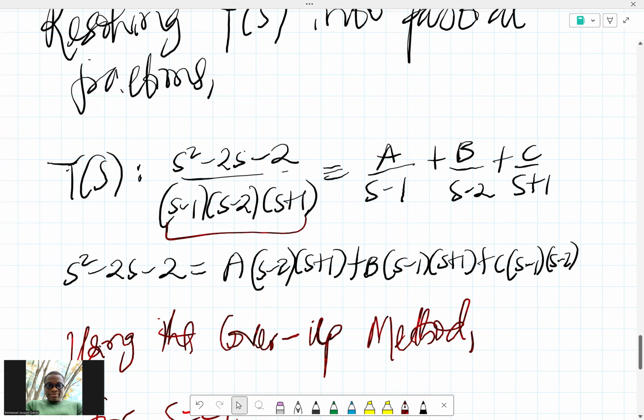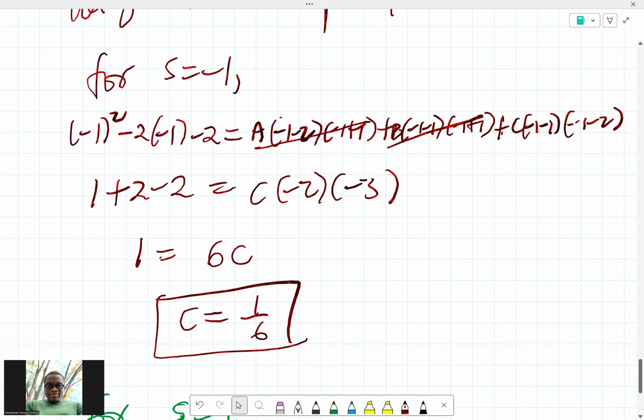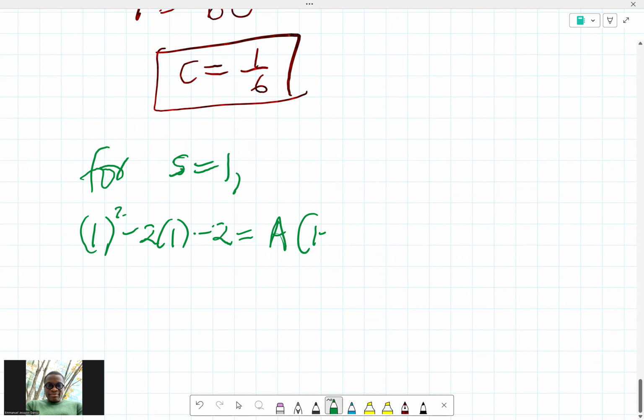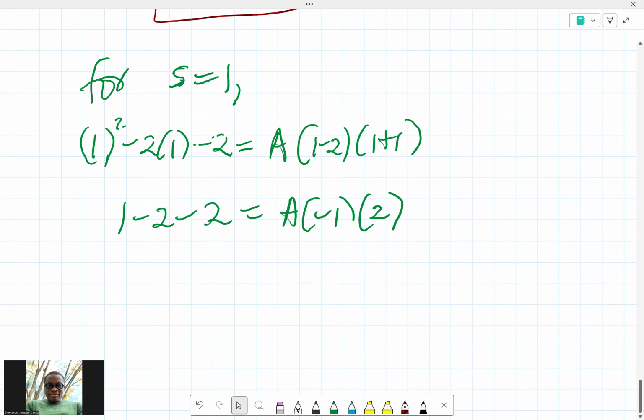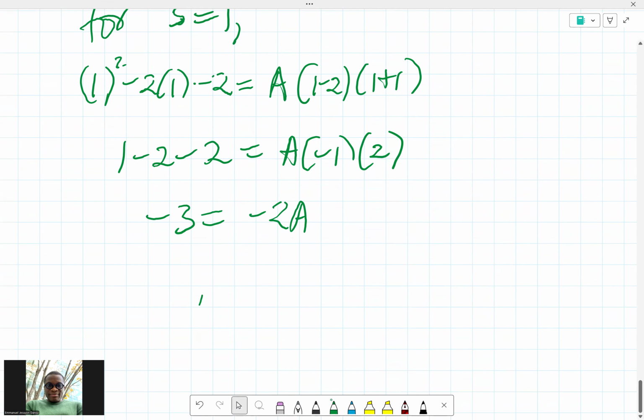So we have a into 1 minus 2, 1 plus 1. So this is 1 minus 2 equals a into minus 1 times 2 here. So this is minus 3, I believe. Okay, that is minus 3 equals minus 2a. So that means that a is equal to 3 over 2.